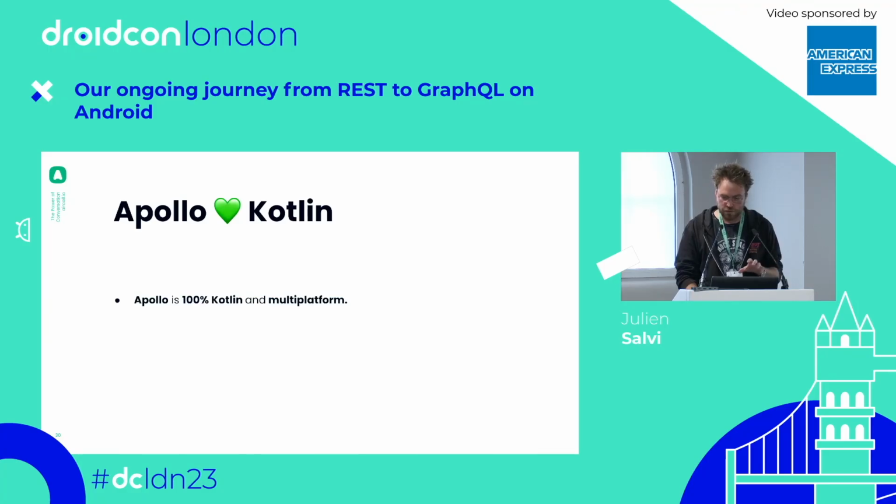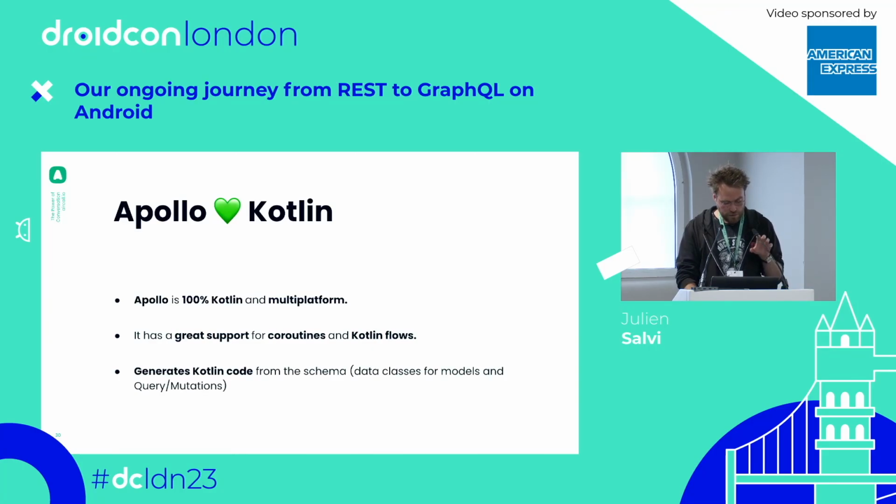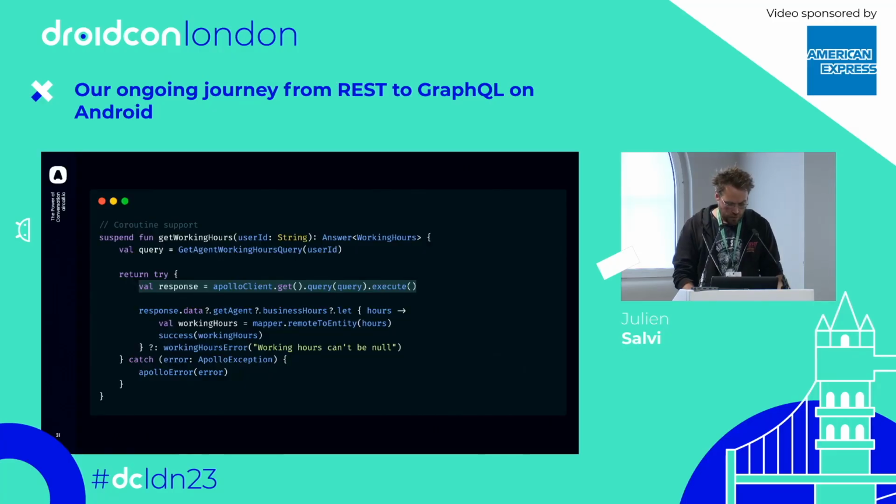That's a huge advantage if you want to explore some multi-platform implementation. It has very great support for coroutines and Kotlin Flow. And it generates Kotlin code from the schema, as I showed you before, like the data classes for the remote entities and the classes regarding the queries and mutations.